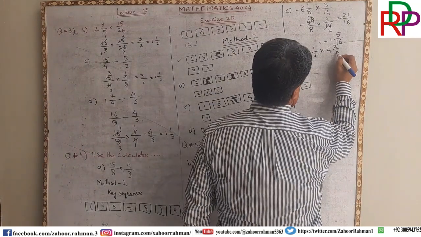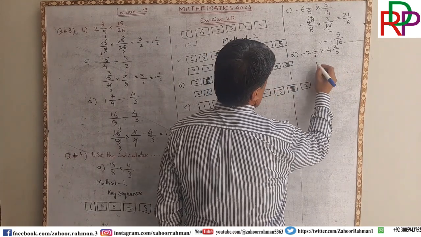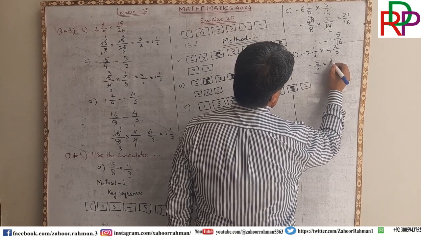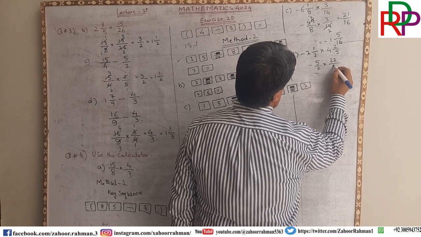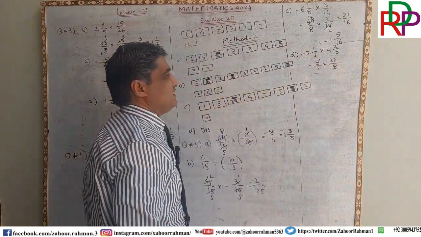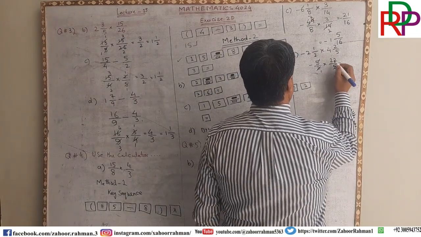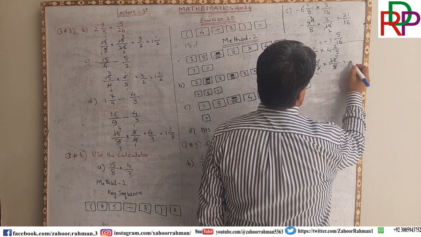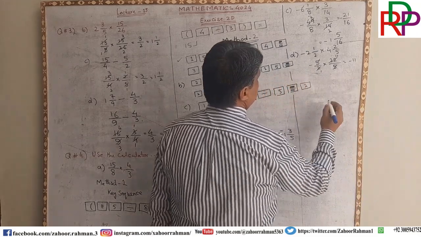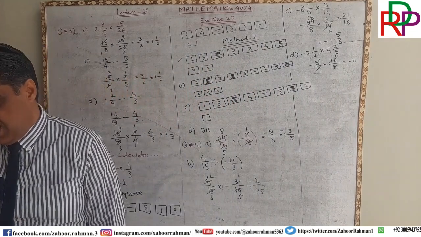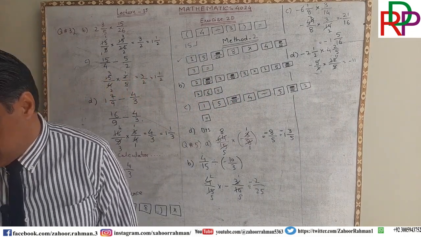First of all, we have to remove the mixed fraction: minus 5 over 2 multiplied by 22 over 5. This 5 will be cancelled with this one, and then 2 ones are 2 and 2 11s are 22. So minus 11 is the answer in this case.